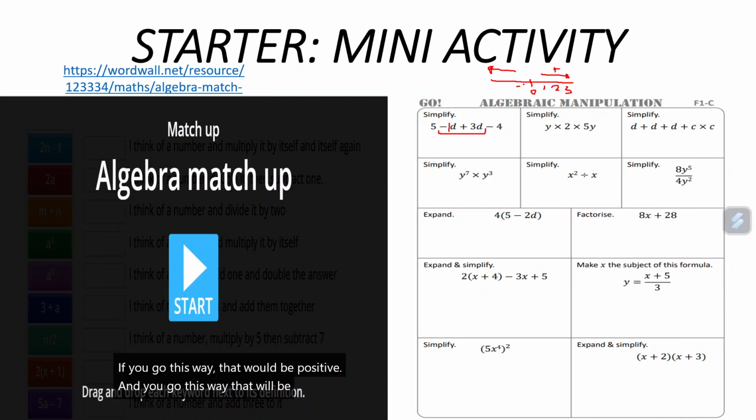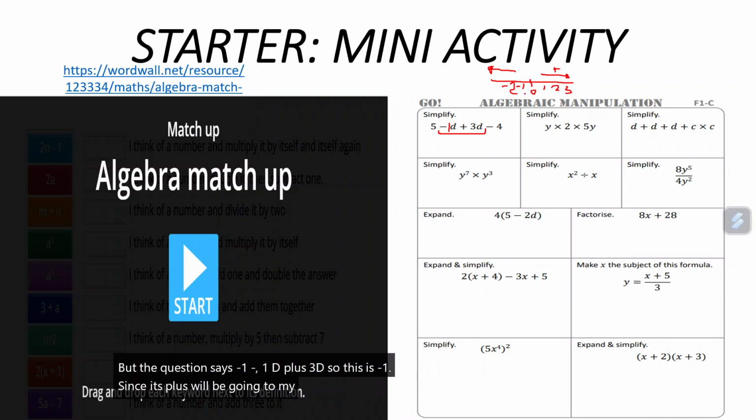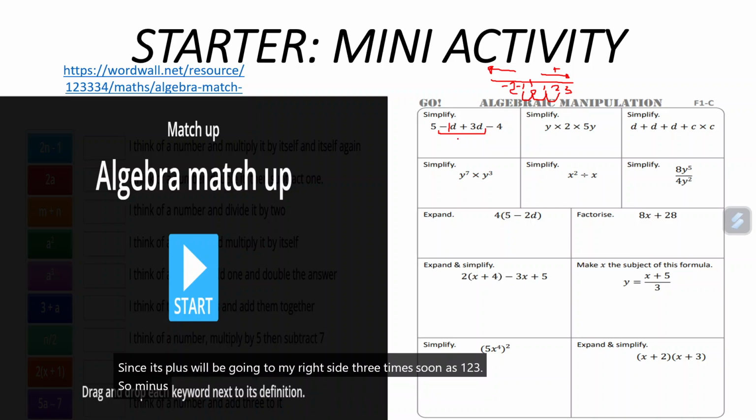So this should be minus 1, minus 2. But the question says minus 1d plus 3d. So this is minus 1. Since it's plus, we'll be going to the right 3 times: 1, 2, 3. So minus 1d plus 3d is 2d.